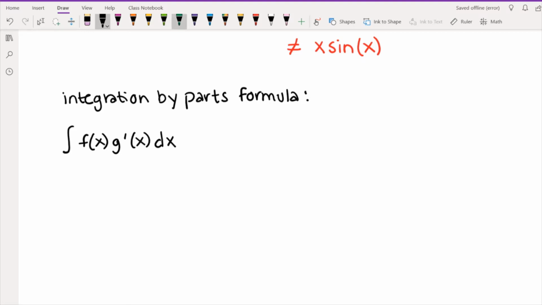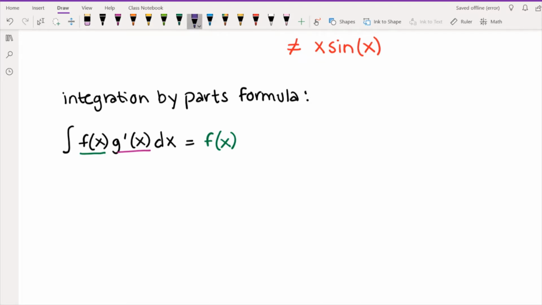And so once you've decided which one is which, well, let me just use some color here. So we're choosing one to be f of x, one to be g prime of x. Once you've decided which one is which, then the way that you evaluate your integral is that you just take f of x, so whichever function you decided was f of x, and you multiply it with not g prime of x, but g of x.